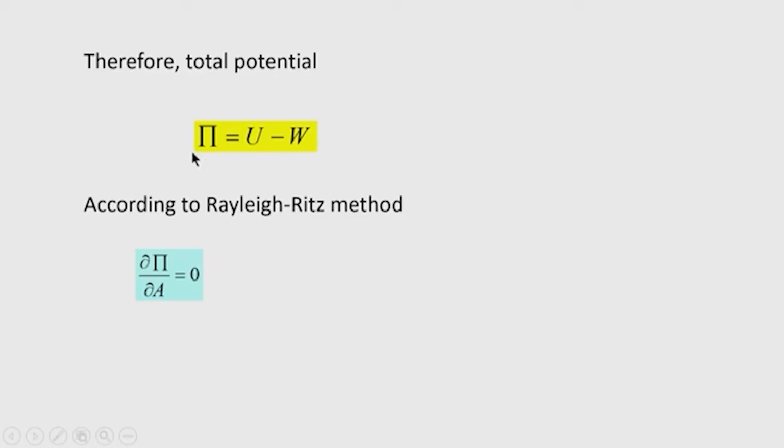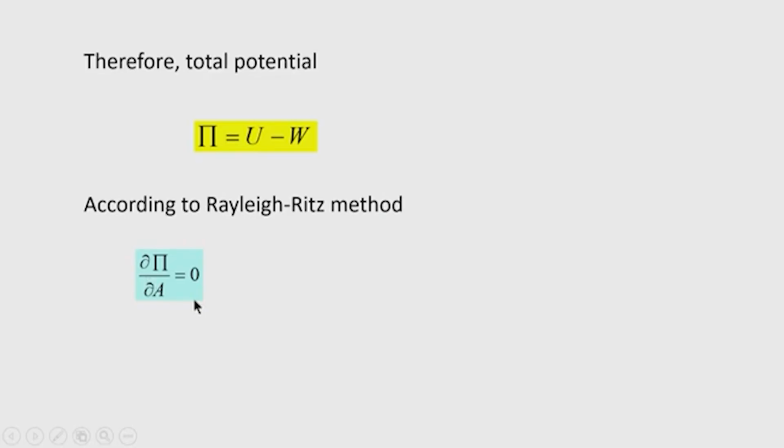Actually, we want to find the arbitrary variation of pi. So, we can write delta pi equal to del pi by del A into dA. Now, since the deflection is a function of only one variable, we can write it as an ordinary differential coefficient instead of a partial differential coefficient.